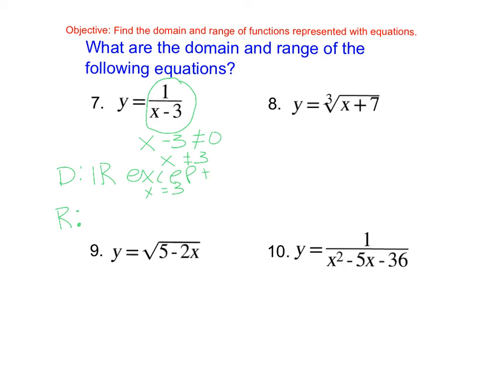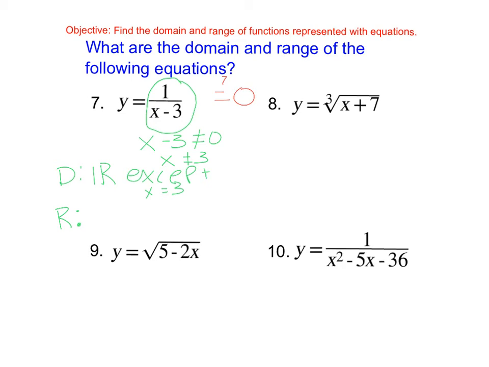So if I set this equal to something, what can I never get out of this, right? Could I get a half? If I set this equal to a half, could I solve? So here, I'm just going to tell you, can you ever get this to equal 0? Will that ever equal 0? If I plug in 1,000, if I plug in 1,000,000,000, we get really close to 0, but we never reach it.